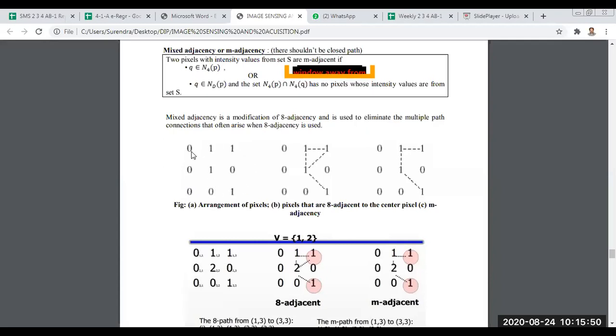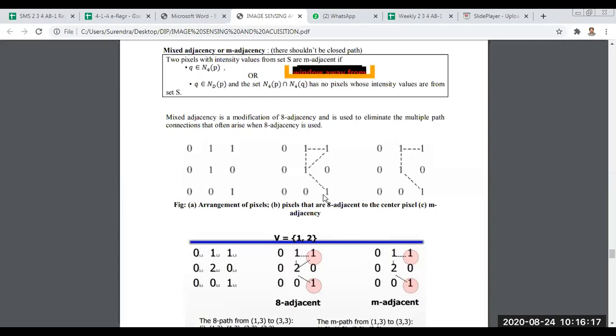So 0 means black, 1 means white: black dot, white dot. I want to observe the 8-adjacency. What is 8-adjacency? I am forming a path for intensity lines only through the white dots. So 1, 1, 1, 1, and also the remaining 1. If you come back again, there is the same line.